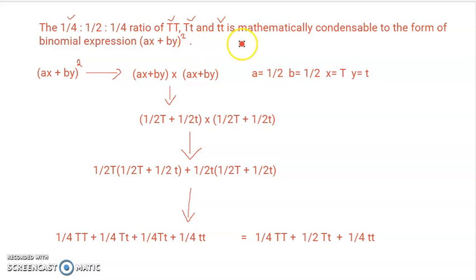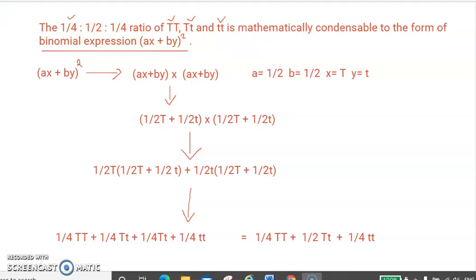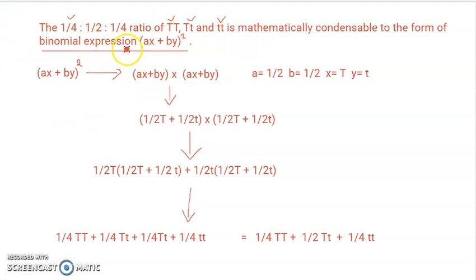So this is mathematically condensable to the form of a binomial expression, that is (ax + by) the whole squared. So we are going to expand this ratio, right? So we can see how the binomial expression (ax + by) whole squared is expanded, right?